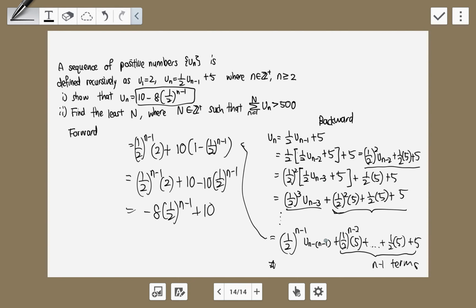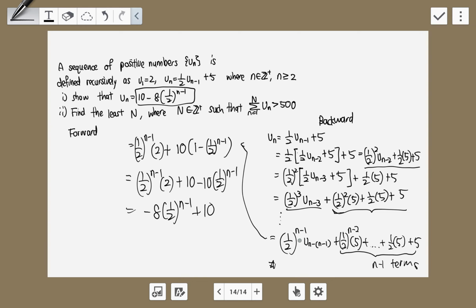We are going to progress until, but where do we know when to stop? We must stop when the term here gets to u1. In order for that term to get to u1, you must choose this to be n minus 1 so that you get to u1.